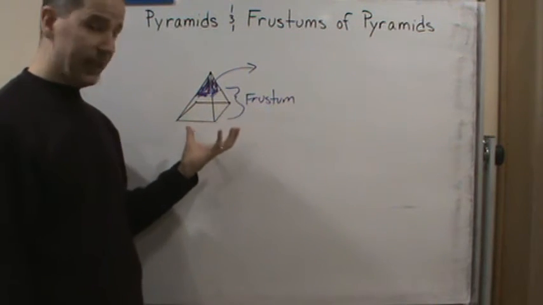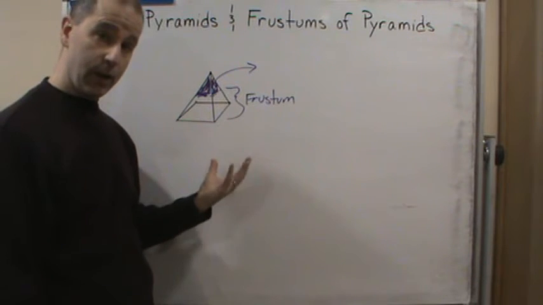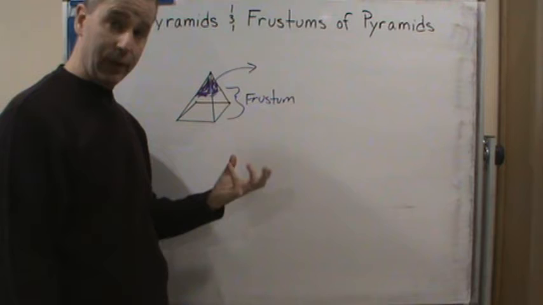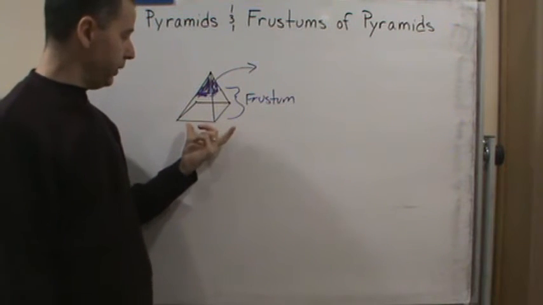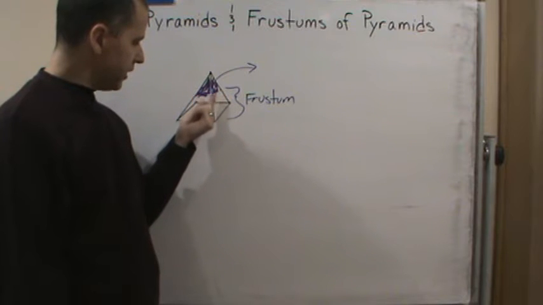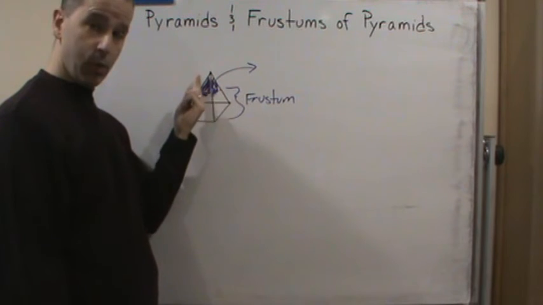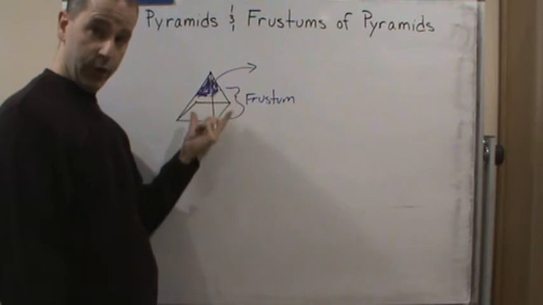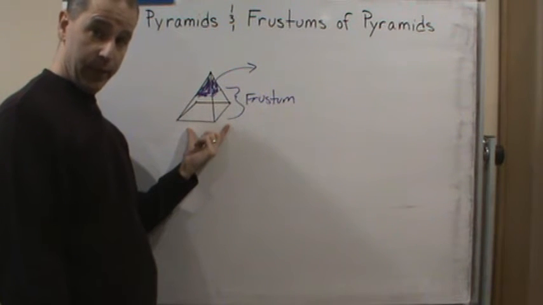So the way you want to look at these, when we're talking about surface area or volume, is that literally we're going to be looking at two pyramids. We're going to be looking at the small pyramid, which is the part we're going to cut off, compared to the overall larger pyramid.